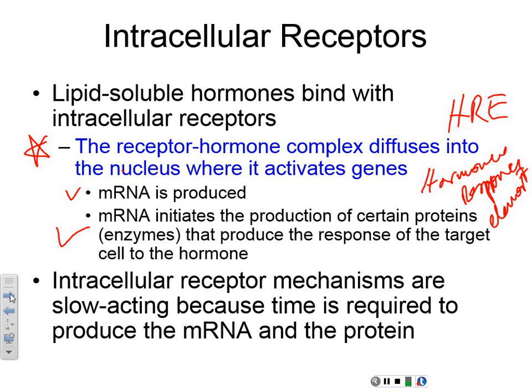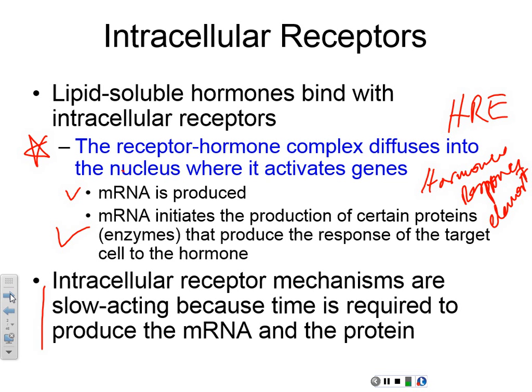So at the start of that gene, there will be that part sticking out of the DNA. The hormone receptor complex will recognize that and dock itself where that gene starts, and then it will transcribe that particular gene. So that's the way the hormone receptor complex knows how to attach to DNA so that it will cause the production of a specific protein, okay?